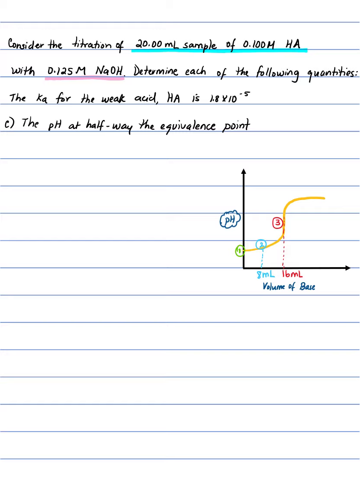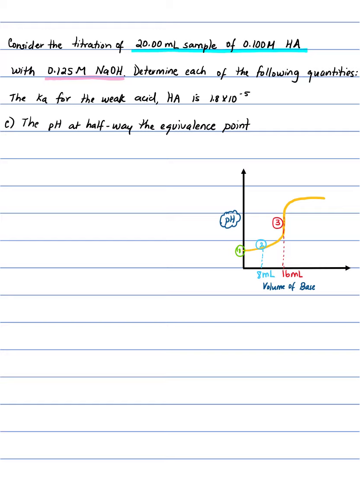You have the same number of moles of acid and base, and all of the acid has been neutralized. Now, halfway to the equivalence point, if you need 16 milliliters to neutralize all of your 0.002 moles of your weak acid, you need 8 milliliters to neutralize 0.001 moles of the acid, which is half of the total number of moles of acid that you need.